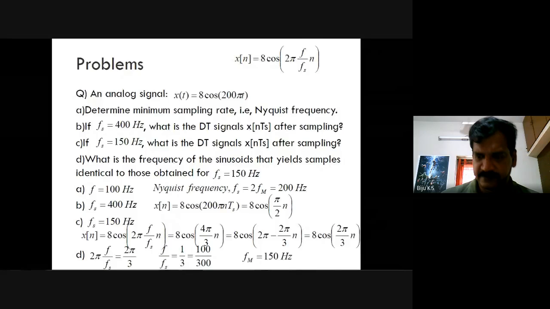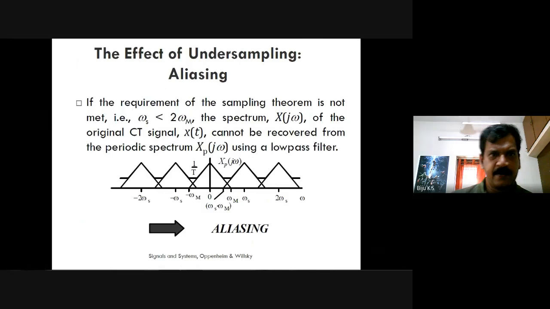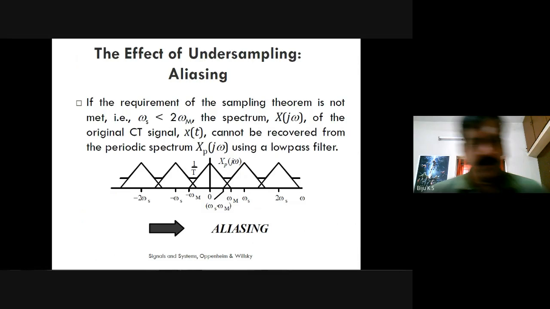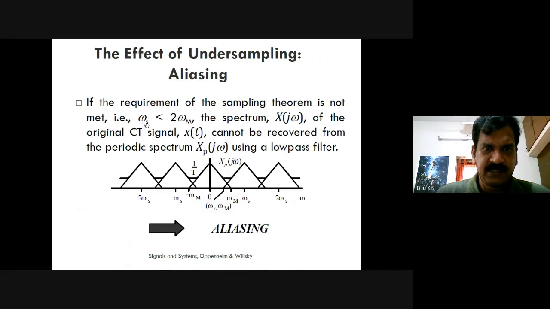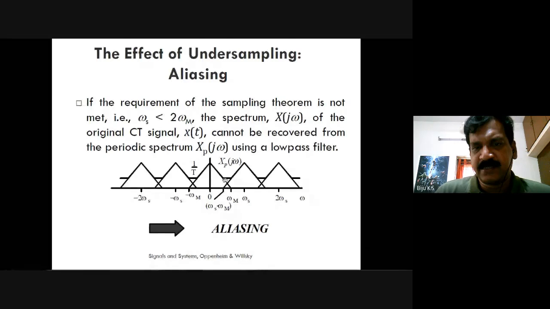Okay, next problem. This is what we discussed earlier. This is a waveform which occurs in the undersampling condition. If we are undersampling, that is omega s is less than 2 into omega m, where omega m is the highest frequency, then the spectra overlap each other.